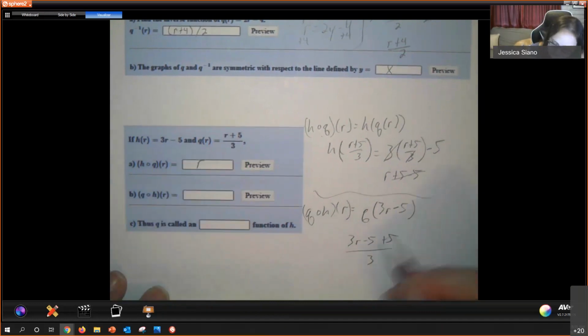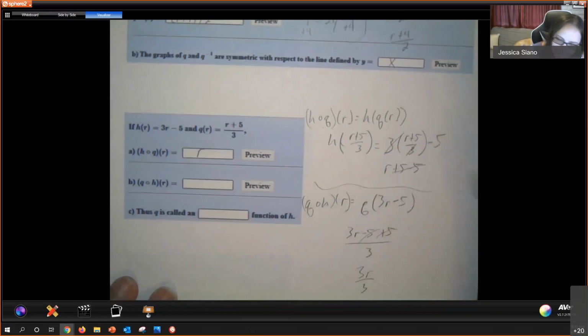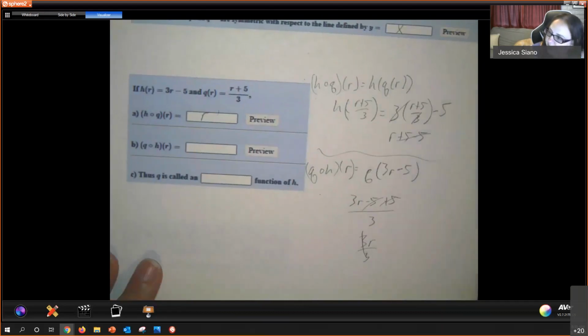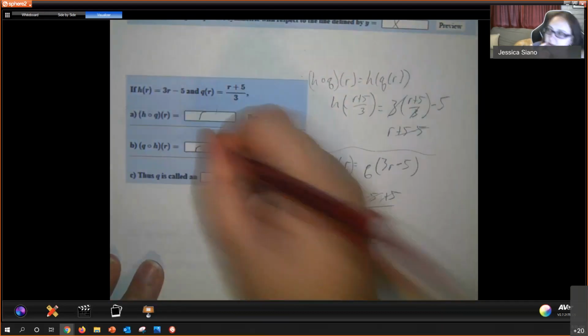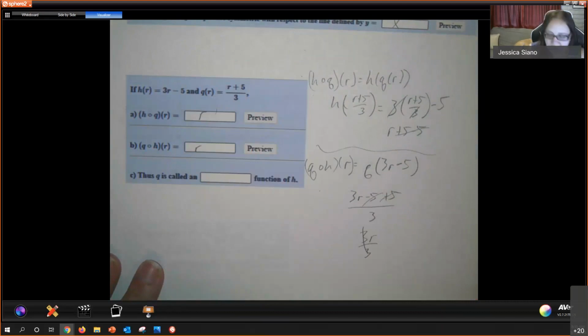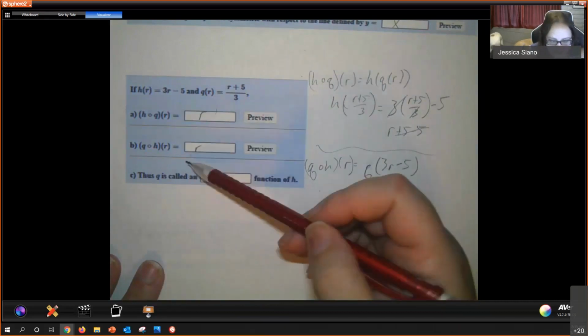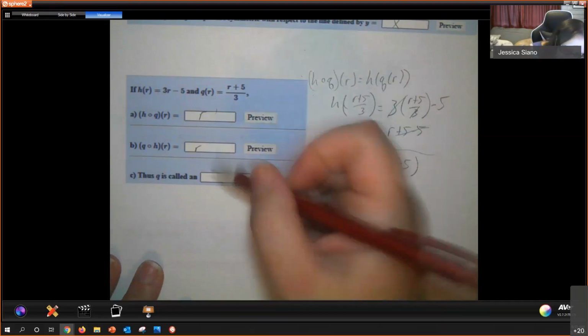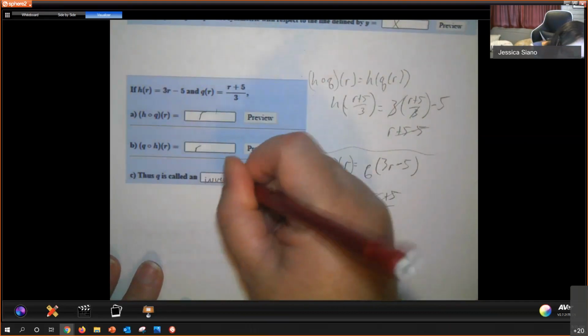And now this time the plus 5 and minus 5 cancel. The times 3 and divided by 3 cancel. And I'm left with just an r. And when you do composition like this in both directions, you're left with just your variable, then that means that your functions are inverses.